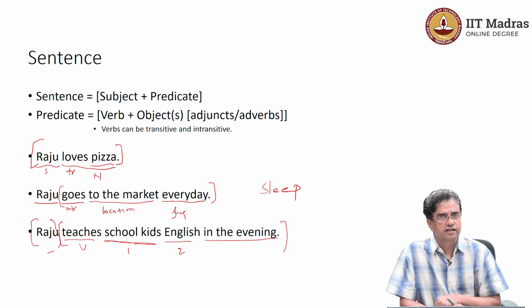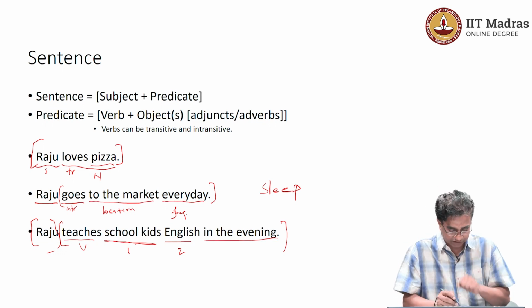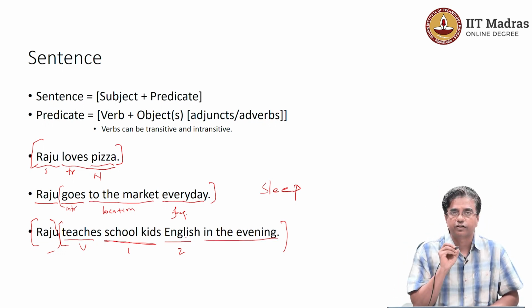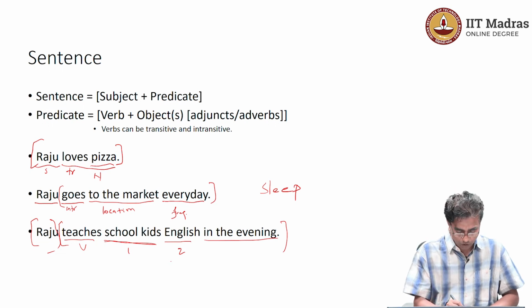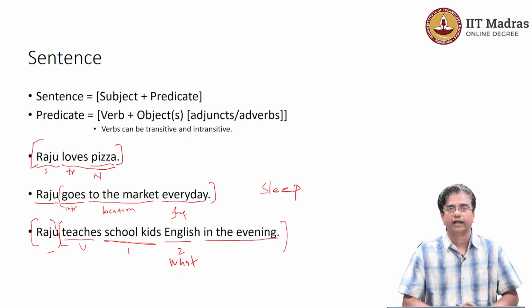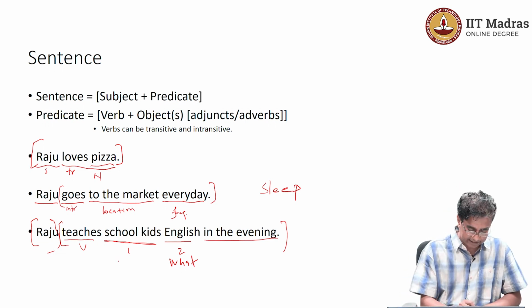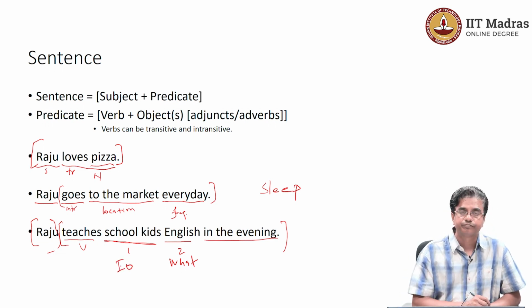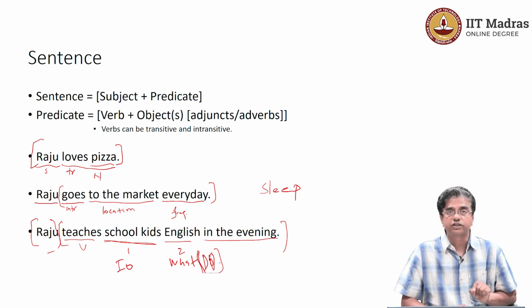Which part is answering this question? Teaches English. So the part that answers the what question is the direct object, and the other is the indirect object. So the part that answers what is the direct object.